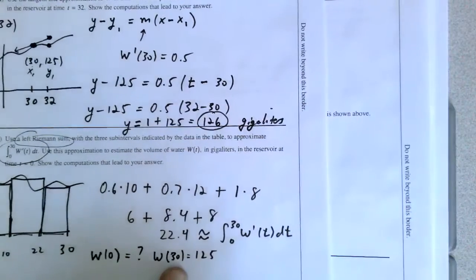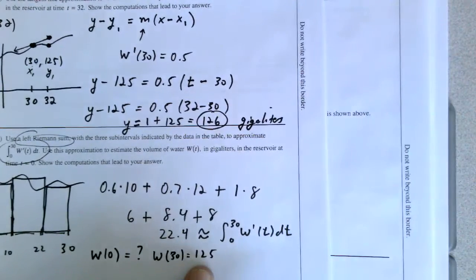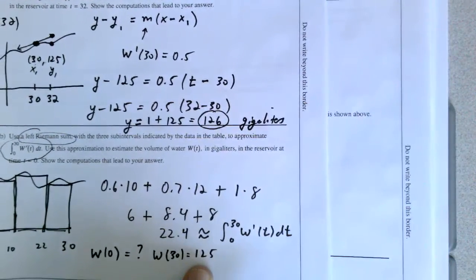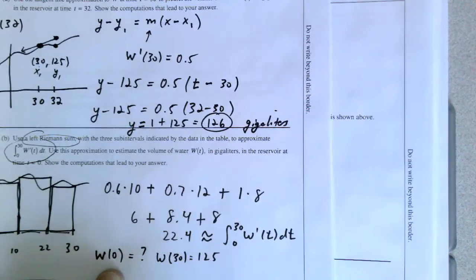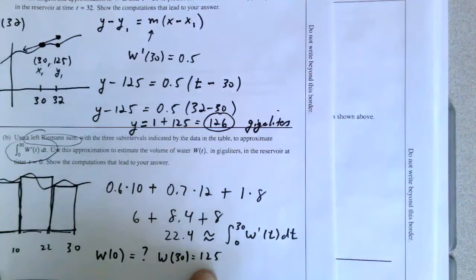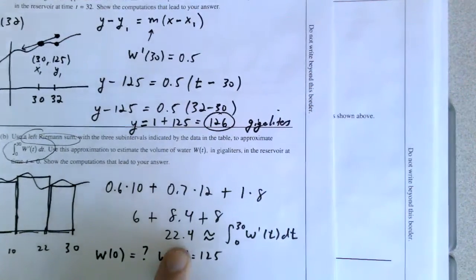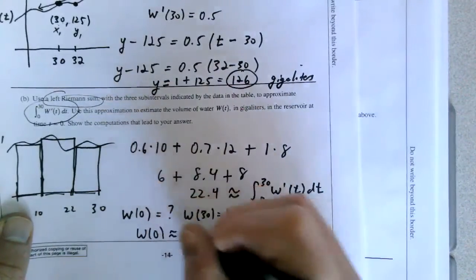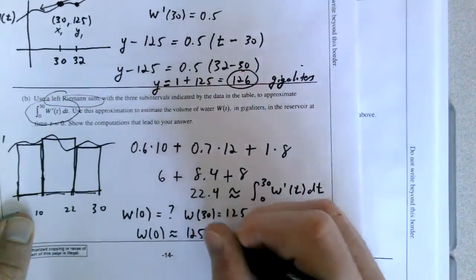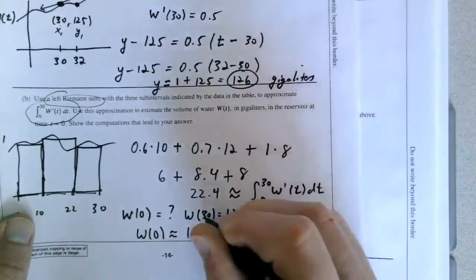And at the end of that time period, there are 125 gigaliters in the tank, which means that originally at time 0, the number of gigaliters is just 125 minus 22.4. So W of 0 is going to be about 125 minus the 22.4.